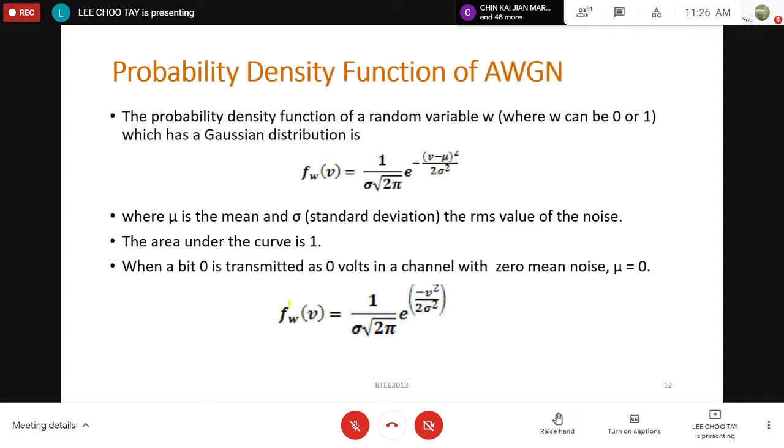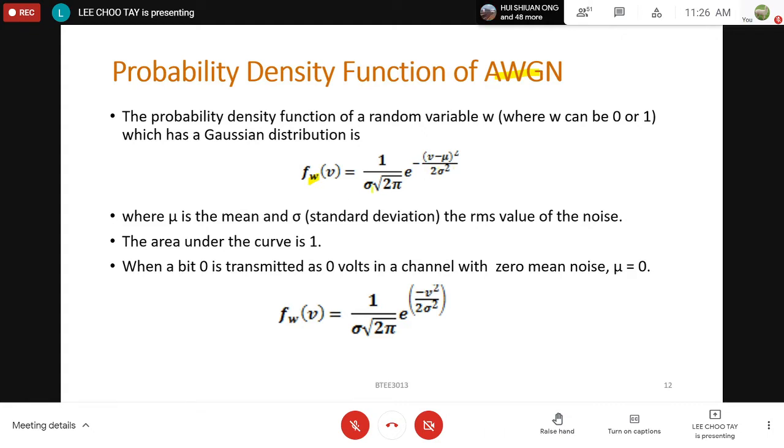So in analyzing the probability of error in an additive white Gaussian noise channel, we have to look at the probability density function of this channel. The probability density function of a random variable W, in this case, because our signal is either 0 or 1, so your W can be either 0 or 1, has a Gaussian distribution given by this equation.